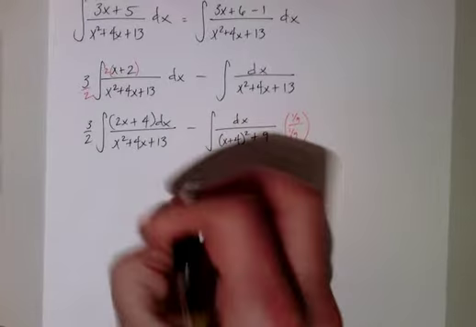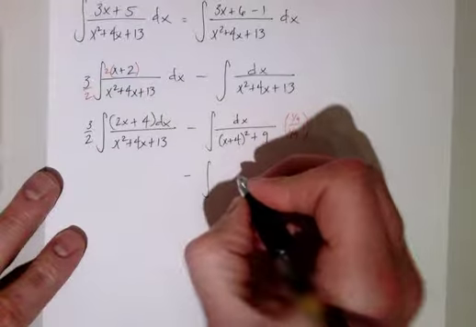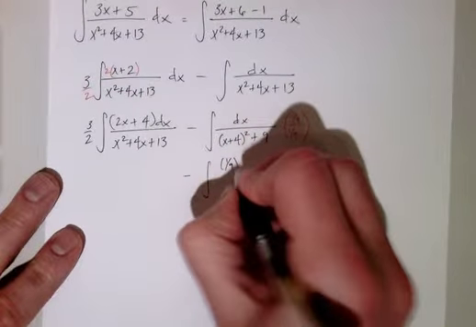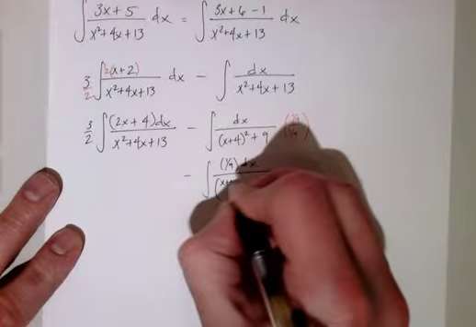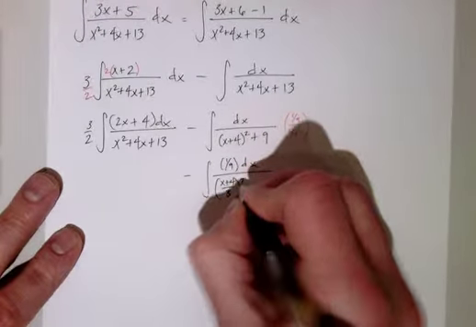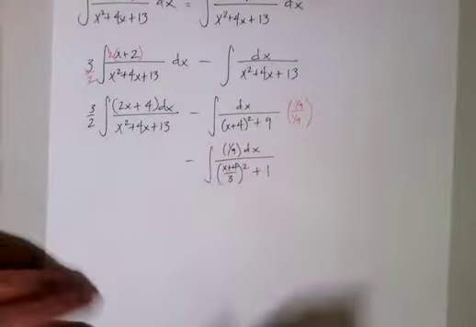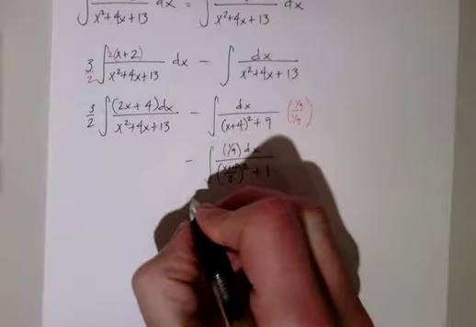Okay, and I'm just going to sort of leave this one here. And so what I have here is 1/9 dx over (x + 4/3) squared plus 1. Now that's looking a little bit more favorable. That kind of looks like arctan. Okay? And it actually is.